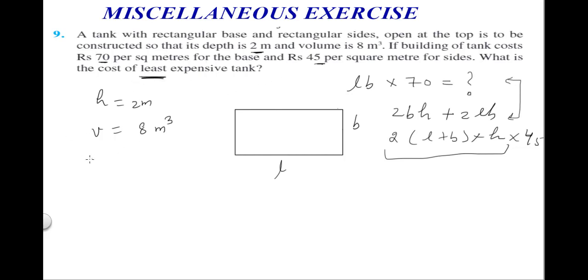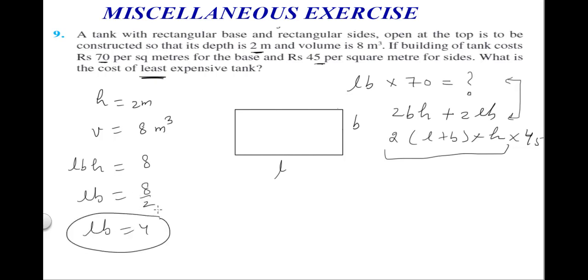Now volume is what? Length, breadth, height equals 8. H is already given as 2. So lb is equal to 8 upon 2. So we have lb value as 4. Correct. So you can put 4 here. 4 into 70 will get 280. So 280 plus 2 into (length plus breadth), height value is already given as 2, so it will be 4 multiplied with 45. Now you will have the cost function as a function of l and b both.